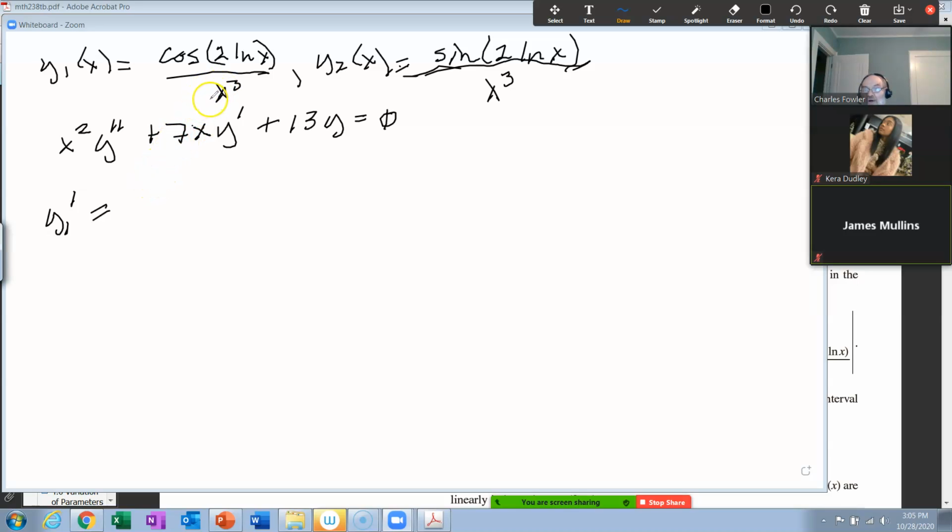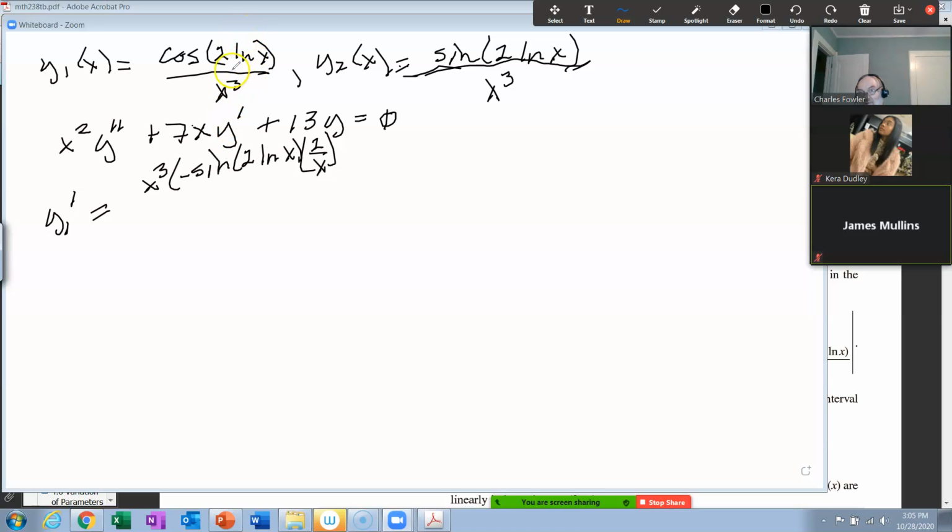Okay, low d high, that would be x cubed times the derivative of your numerator. Well, the derivative of cosine is minus sine of 2 log x, times, chain rule here, 2 over x, derivative of this part.